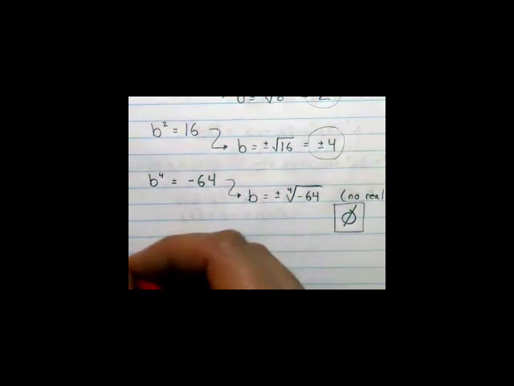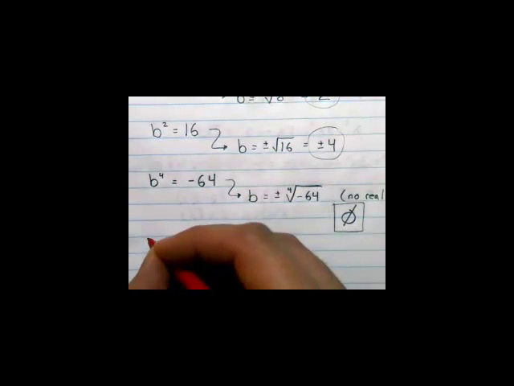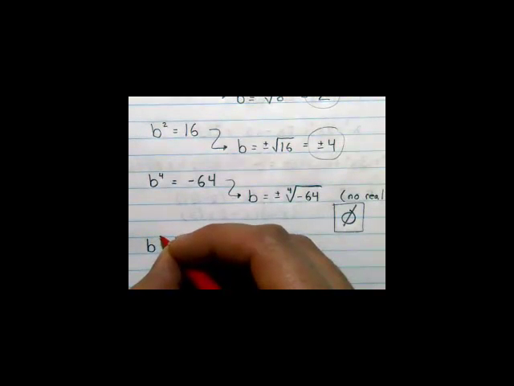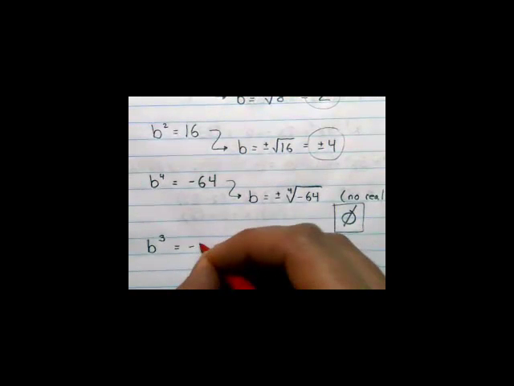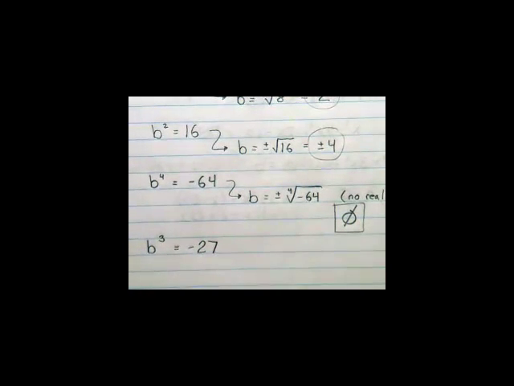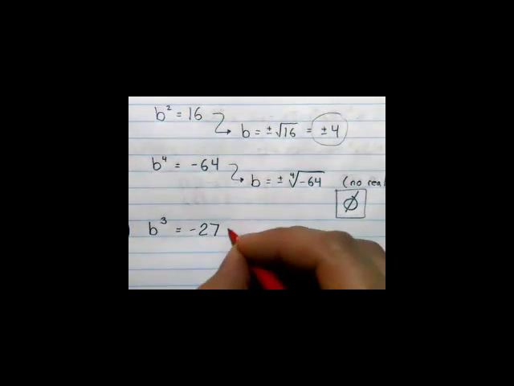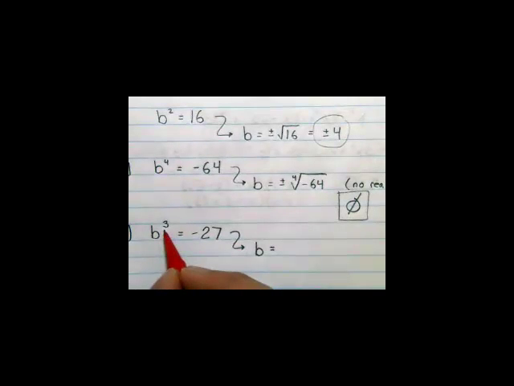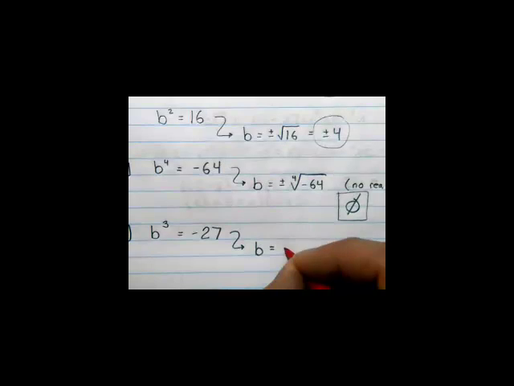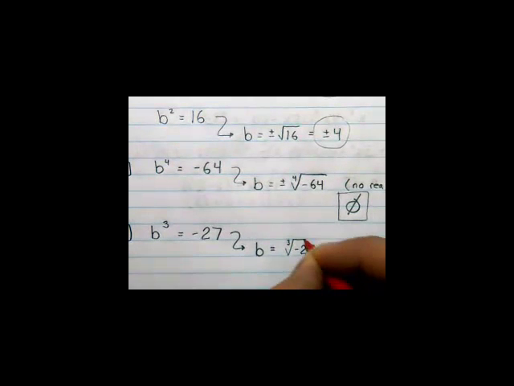Okay. So if I give you another one here real quick, what if we had like b to the 3rd equals negative 27, let's say. So then we'd end up with b equals, now it's an odd power, right? So we don't need the plus or minus. So it'd just be the cube root of negative 27.